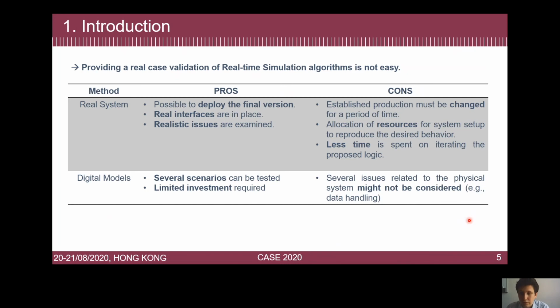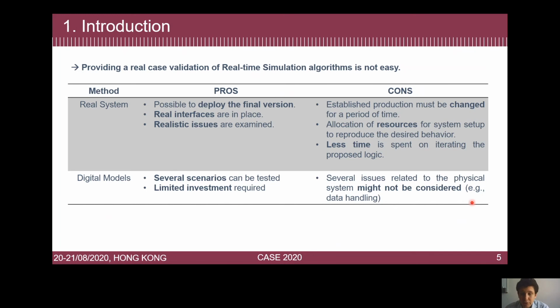And this is, of course, positive. But the problem is usually that in this case we need to invest a lot of resources, and we need to allocate an entire system for a certain amount of time. So the risk is that we will spend a lot of time setting up the system rather than concentrating on the logic and the iterations of the logic.